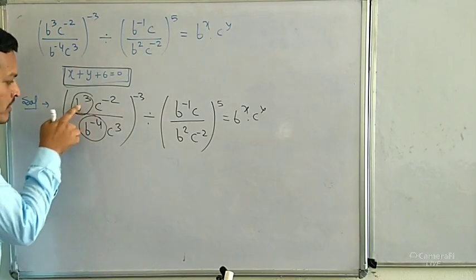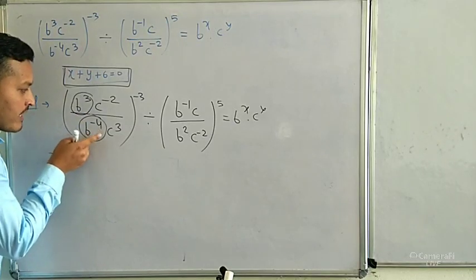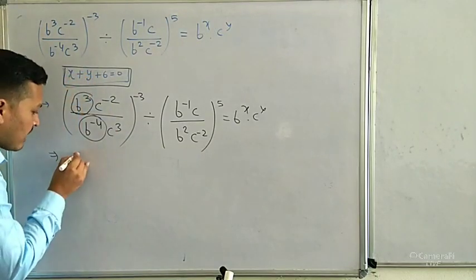तो b to the power 3 and b to the power minus 4, when we take this b to the power minus 4 in the numerator, so what will happen, sir?